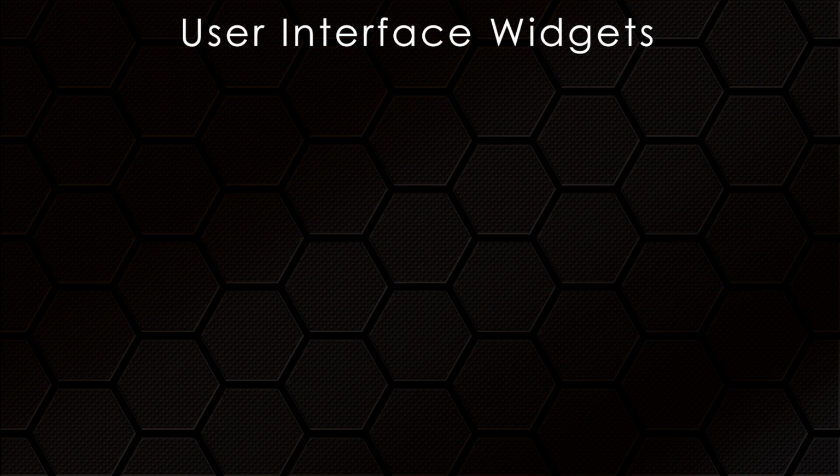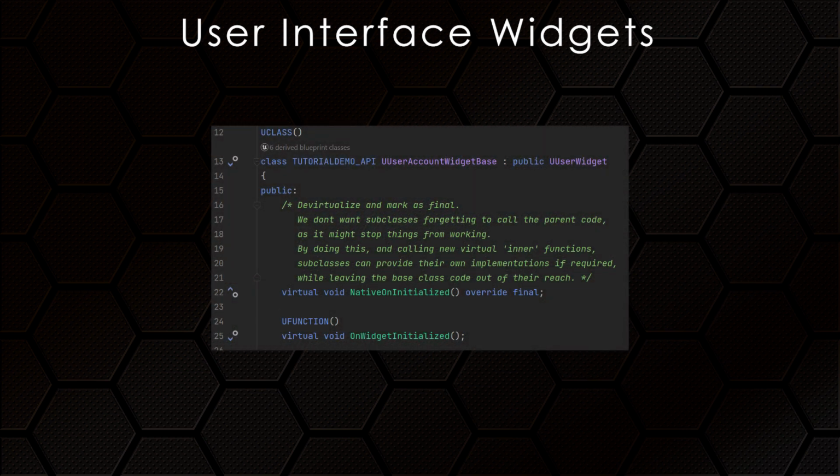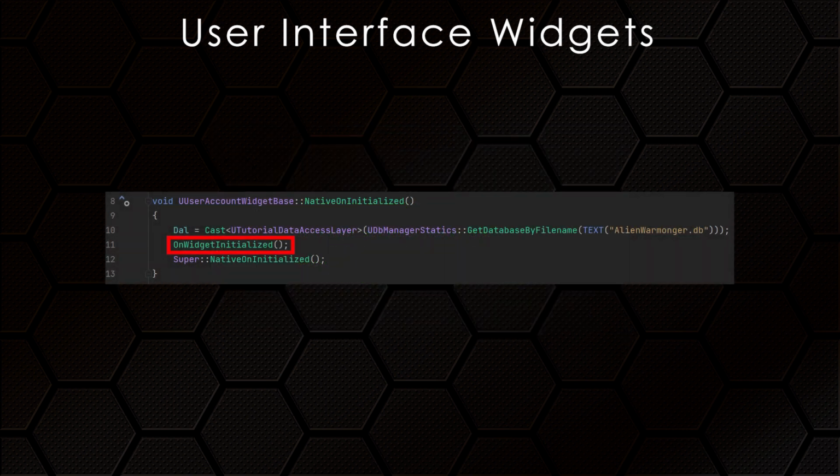Just to clarify a point, in the base class I have made for all these widgets, I'm overriding native on initialized, and I mark it as final. What this means is that our individual widget classes can no longer override this method. Instead, I provide a new method on widget initialized, which is called from inside the native on initialized method.